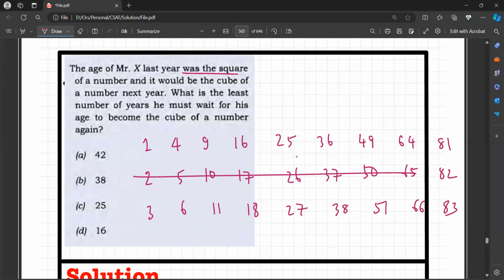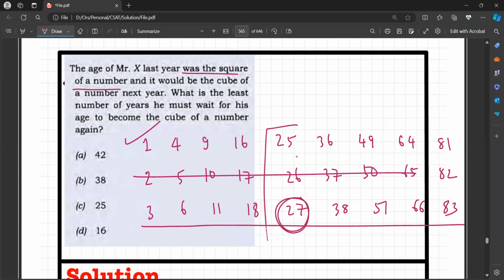The last year was the square of a number, and the next year it would be the cube of a number. Out of this, which is a cube? 27 is a cube. So this is the pair: 25, 26, 27. What is the least number of years he must wait for his age to become the cube of a number again?